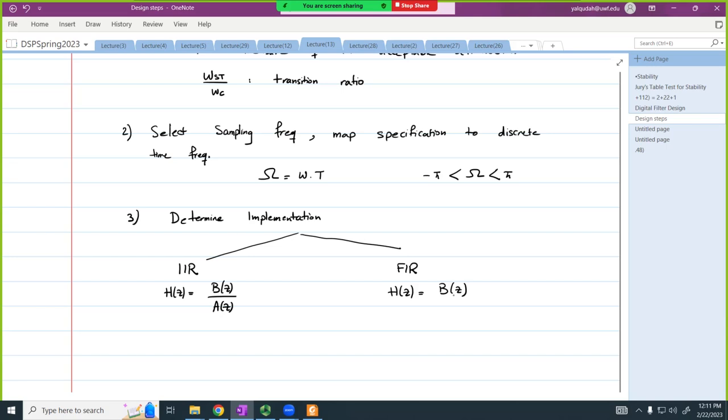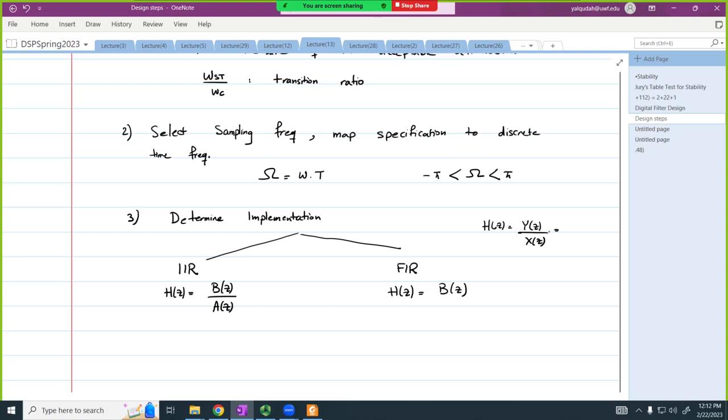remember, H of Z is Y of Z over X of Z. So, we know how to go from H of Z to a difference equation. So if my filter, Y of n, only depends on the input, then H of Z should just have a numerator.